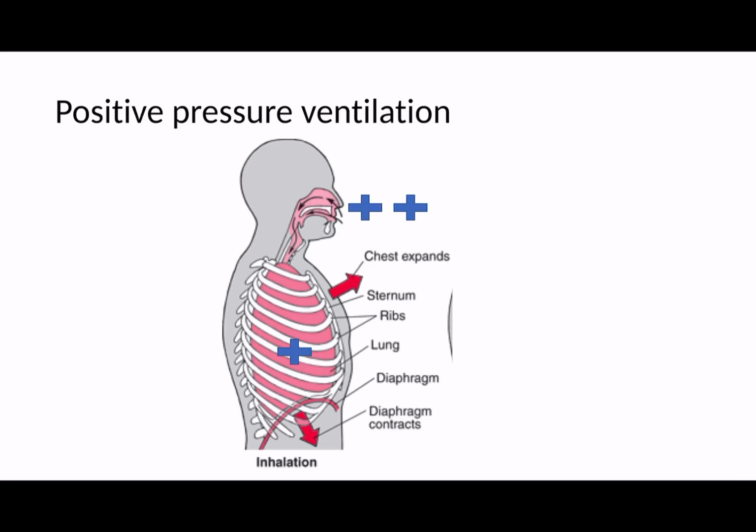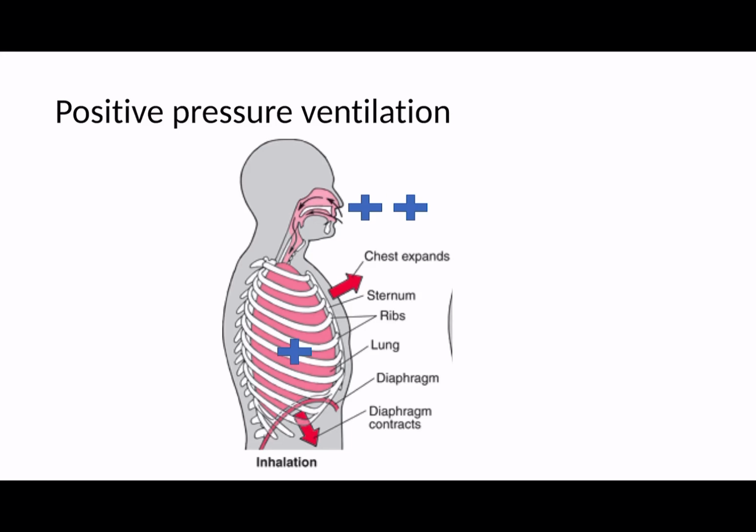Automatically you can start to see that blood flow is not going to be as good, because now you've generated a high intrathoracic pressure. Not as much blood is going to be draining back into the lungs because the pressure gradient would have been reduced, because you've got a positive intrathoracic pressure as opposed to the negative intrathoracic pressure you would get during spontaneous breathing.